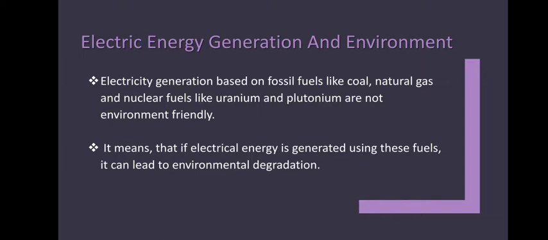It means that if electricity is generated using these fuels, it can lead to environmental degradation, correct? So, in order to protect the environment or prevent any harmful damage which can take place, we have to switch towards green energy. Let us see what exactly is green energy.